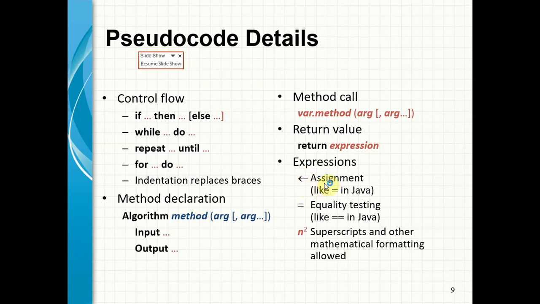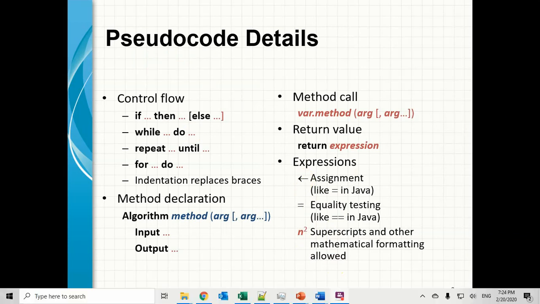This arrow is actually assignment, which in Java is just the equal sign. Equal is usually for testing; in Java it is double equal. Superscripts and other mathematical formats are also allowed, but are not commonly found in programming. So that is the basic concept.